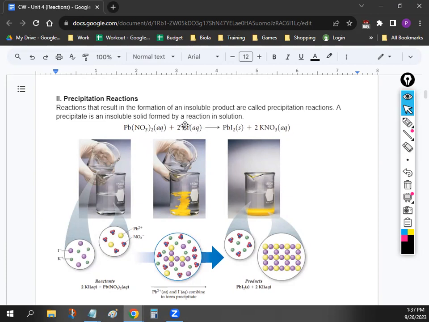When you put them both inside of a solution, there's a tendency for these ionic compounds to create something called a precipitate. If you take a look at this reaction, you'll see that this compound is aqueous, which means it dissolves in water, so you wouldn't really notice it in the solution. This one is also aqueous. So you have 2 chemicals that dissolve in water.